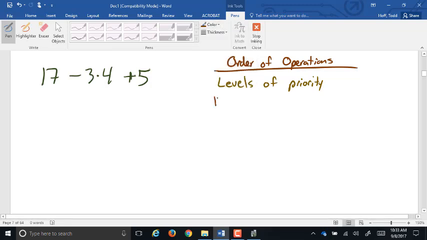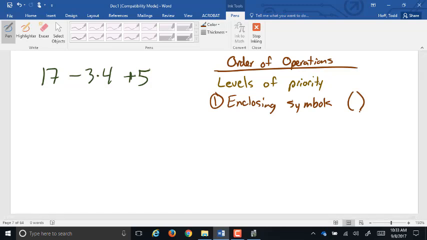So the highest level of priority is something called enclosing symbols. Many of us have been taught parentheses is at highest level, and that is one of our types of enclosing symbols. In fact, there are several types of parentheses. You have the square brackets, the squiggly brackets, and other types of brackets like that.